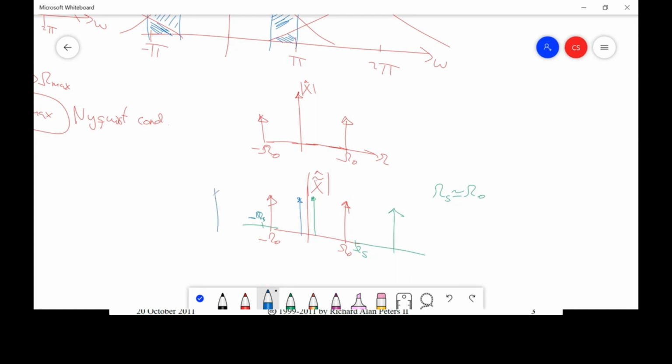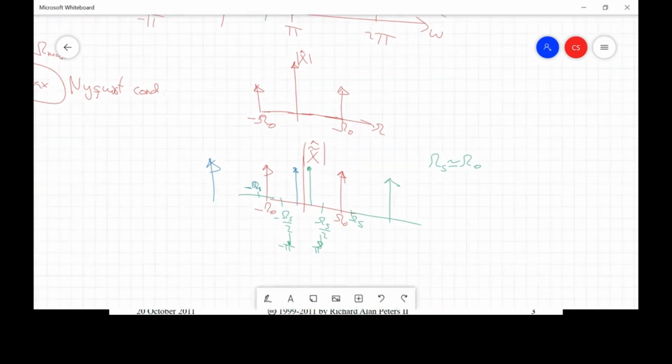But the copy at minus omega s, that I will make blue, will come to here. And now, omega s hat and minus omega s hat will become pi and minus pi.